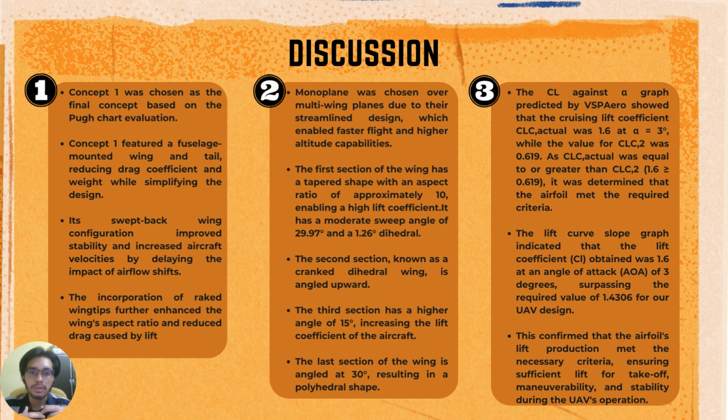The lift curve slope graph indicated that the lift coefficient obtained was 1.6 at an angle of attack of 3 degrees, surpassing the required value of 1.47 for the UAV design. This confirmed that the airfoil's lift production met the necessary criteria, ensuring sufficient lift for takeoff, maneuverability, and stability during the UAV's operation.